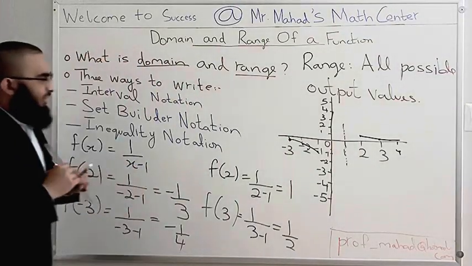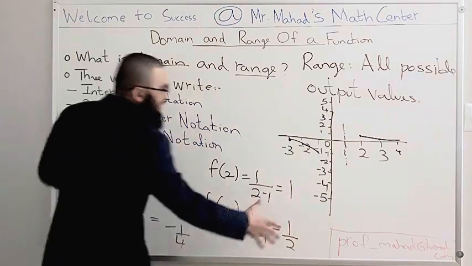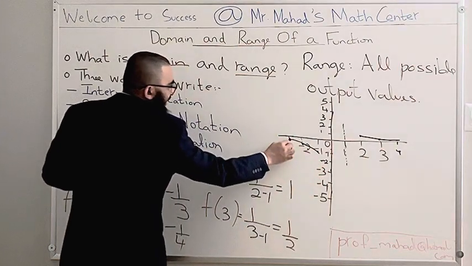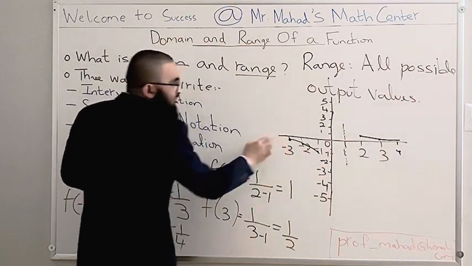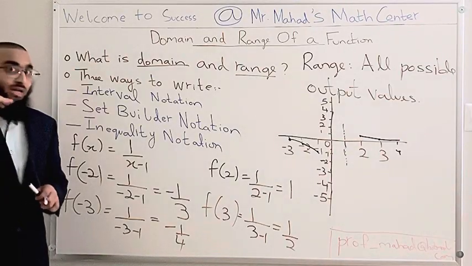Somewhat, right? Now if you notice something here, this graph is going to come from negative infinity and it will be below 0. Always the range would be below 0.